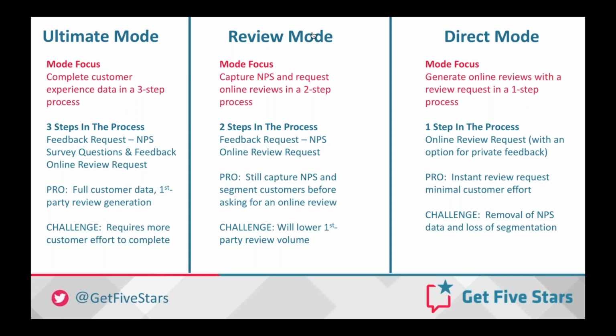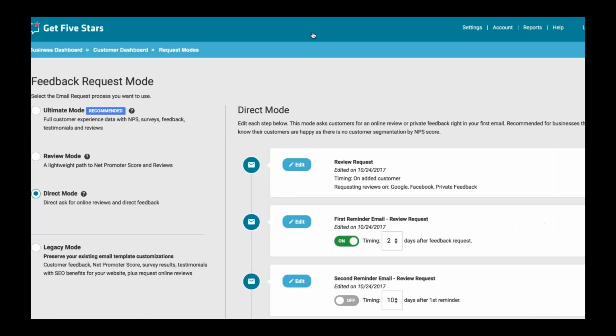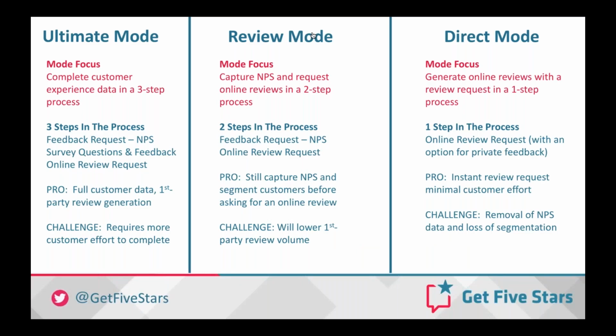I'll just show you what the three modes do. And the other point I want to make is you can see on the left-hand side here, it's simply clicking a radio button and boom, I can choose the mode. I can customize it if I want to. As you'll see in a minute, we've completely remade the email templates, redesigned them to be much nicer, to reflect your brand and your colors. We've modified the default text as well, which you can of course change, and the editors.